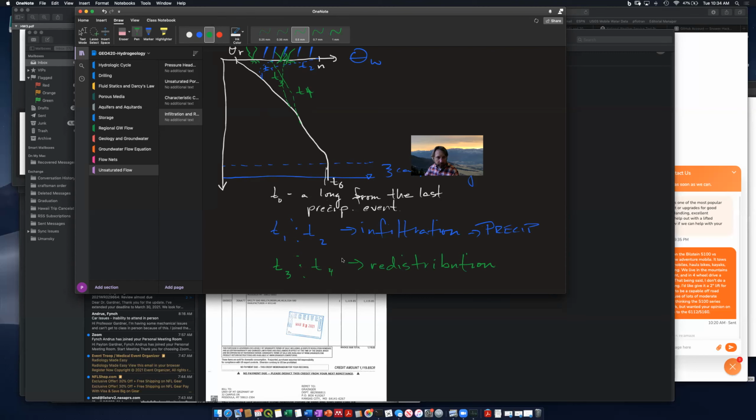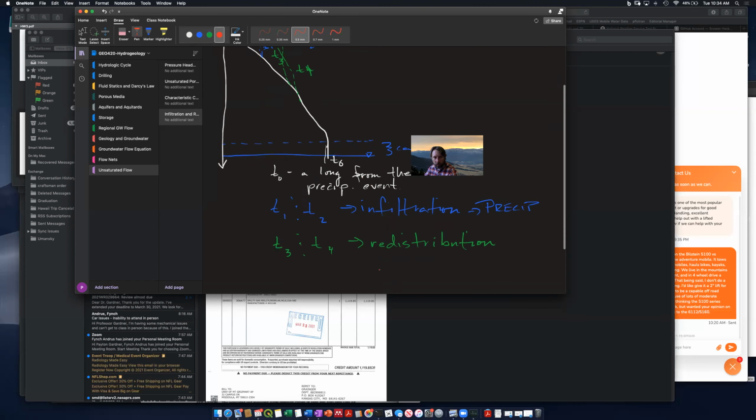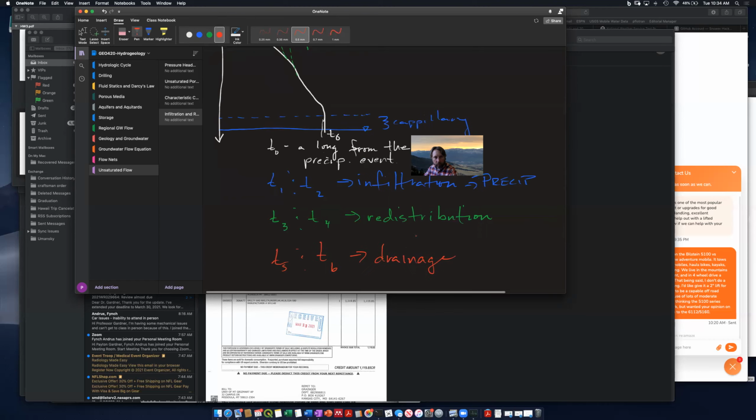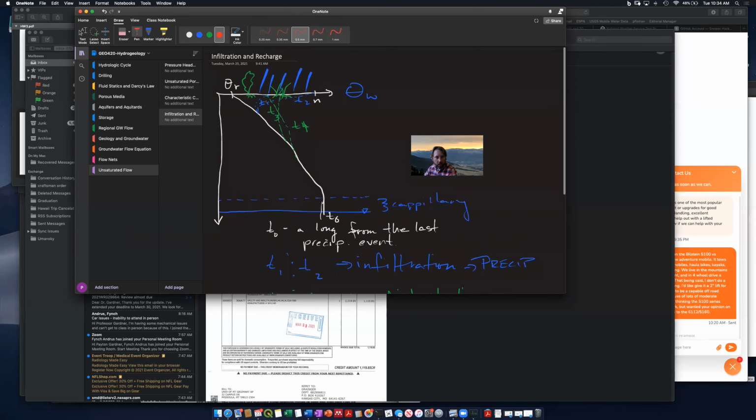Finally, we have drainage. And that's where we return back to our dried profile. So at T5, we might see something like this. And at T6, we're starting to drain pretty close back to our original profile.